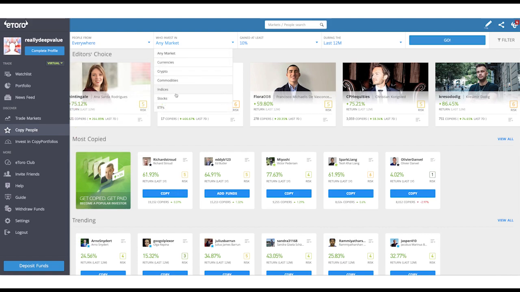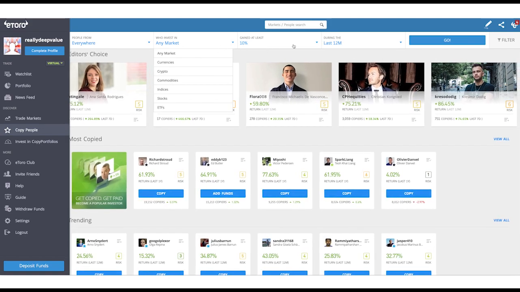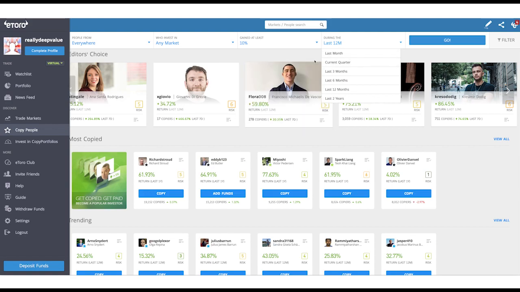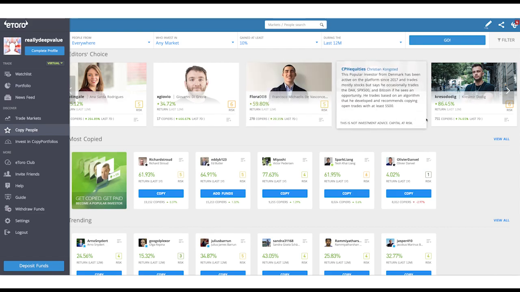So if you just want stocks, people that are trading in stocks, you don't want anyone doing crypto, just go for stocks, for example. You can search for people by how much they've made, at least 10%. What period? Last 12 months, last month, last quarter, and so forth. You can set all of those, click go and search that way.